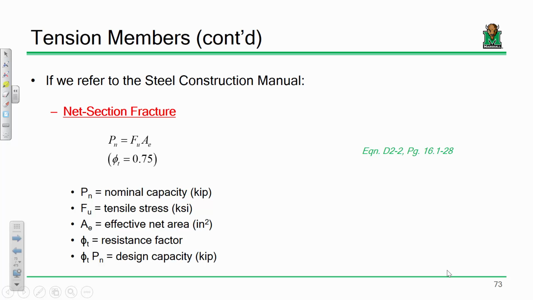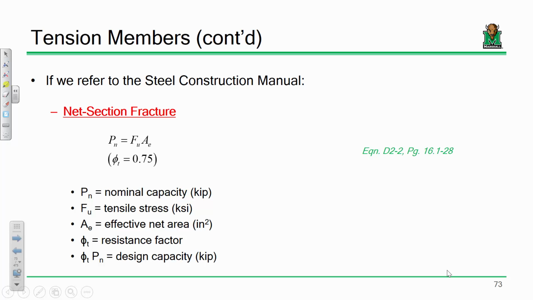If it fractures, I'm literally taking the member and splitting it in two, right? That is obviously a worst case scenario. That is a worse situation. So much so that my phi value has dropped. Instead of a phi value of 0.9, I'm using a phi value of 0.75. All right? So we account for that by using a more stringent resistance factor, so the capacity would be lowered.